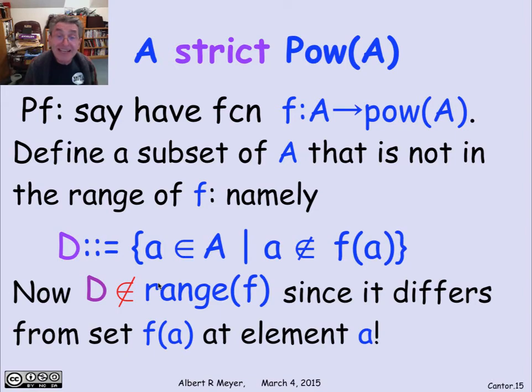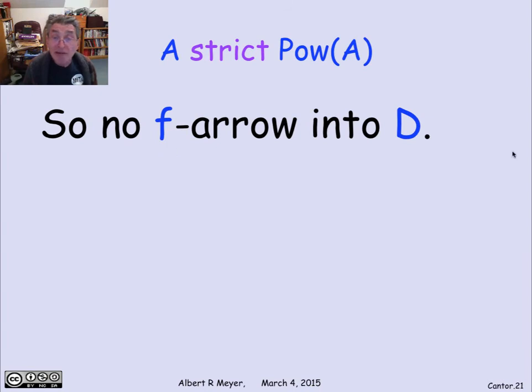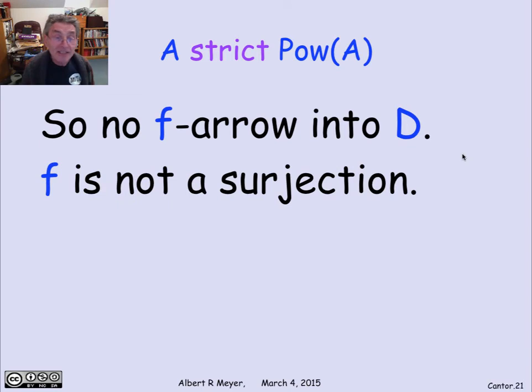And that means that it's not equal to f of anything. So I've just found that there's no f arrow into D. D's not in the range of f. That means that if I had such an f from A to the power set of A, it's not a surjection because D is always left out. So f is not a surjection, and since f is any function from A to the power set of A, none of them are surjections, and that means there's no surjection from A to the power set of A.